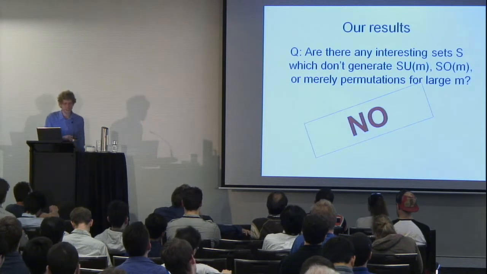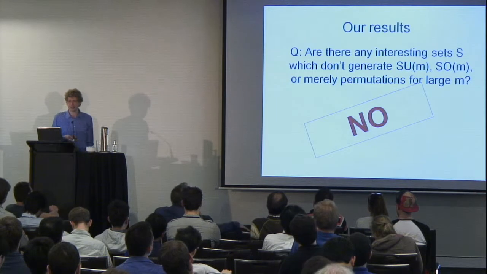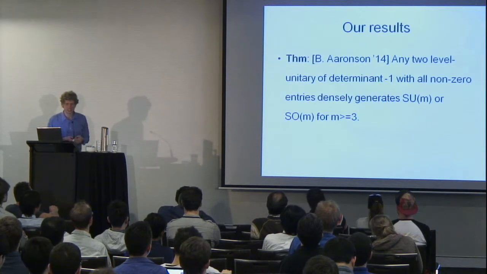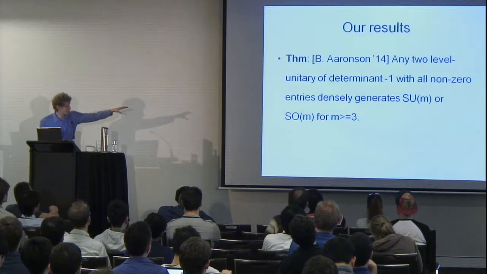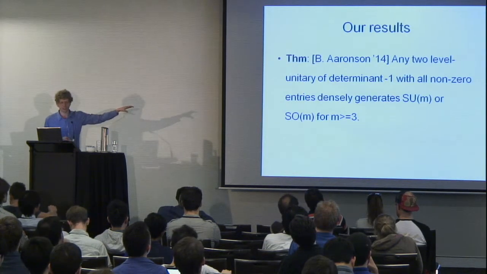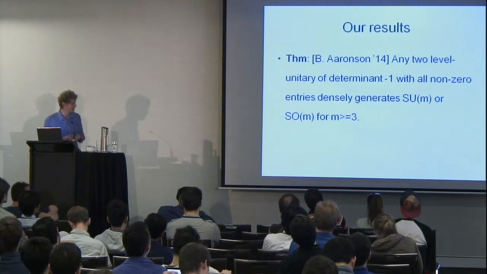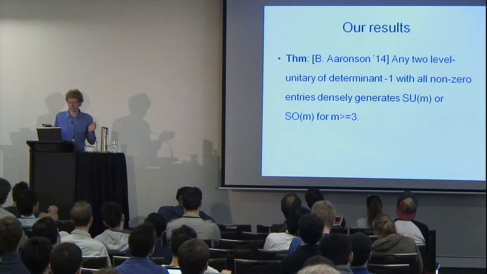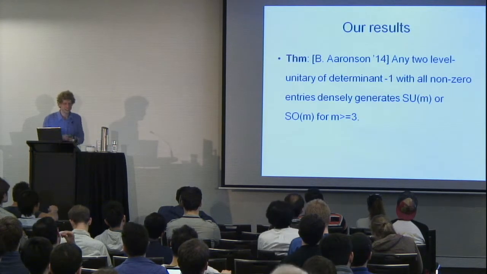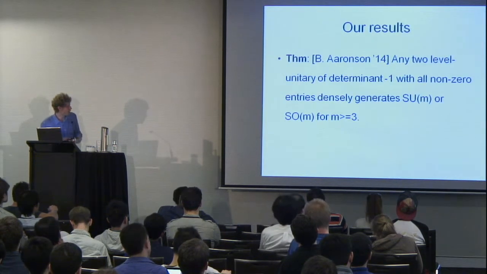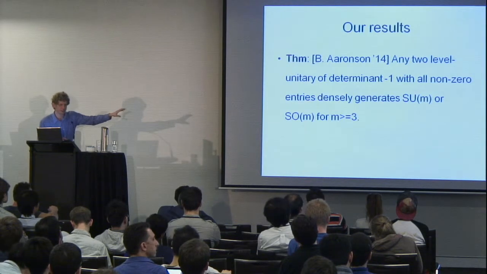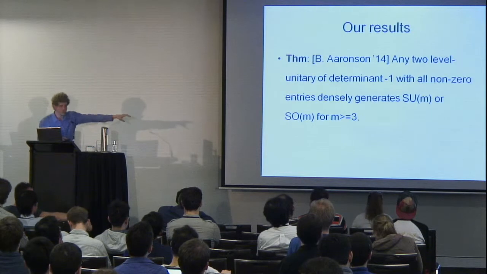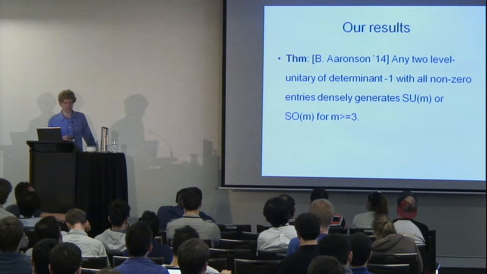And essentially, the answer to this problem is no. It's not possible to construct such sets. So what we show in particular is if your gate set S contains any two-level unitary which has determinant -1, and all its entries are non-zero, in other words, it does more than just these permutations with phases, then when you apply it as a two-level unitary to a three-dimensional system or higher, it will actually generate all unitary matrices or all orthogonal matrices.